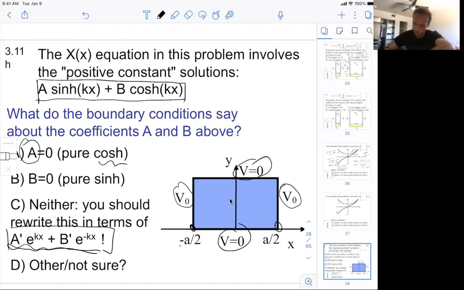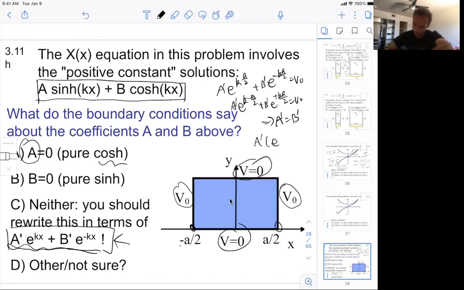If you start out with this format and you plug in the boundary conditions, k a over 2 plus b minus e negative k over 2 is V naught, you realize a has to equal b, so that you can write this in front of everything, and this can be written in terms of Cauchy. So you will end up with a Cauchy function eventually, but you can simply start out with your solution like that, but you don't have to.